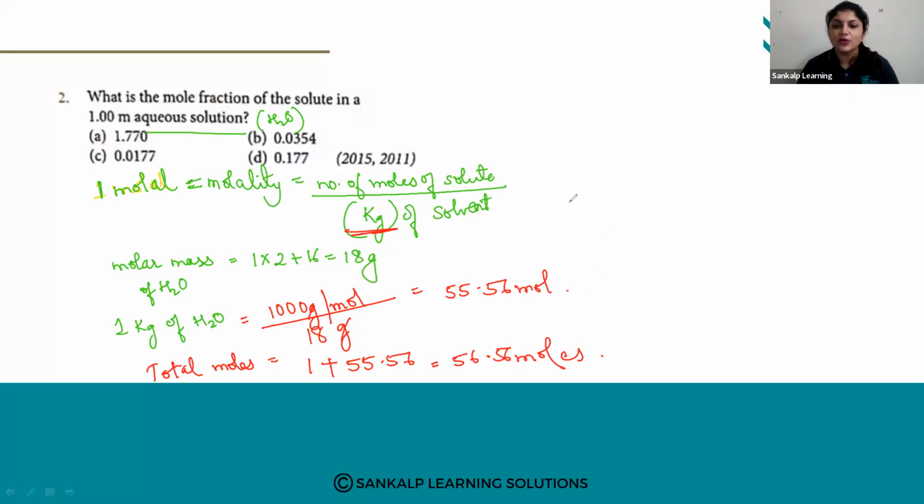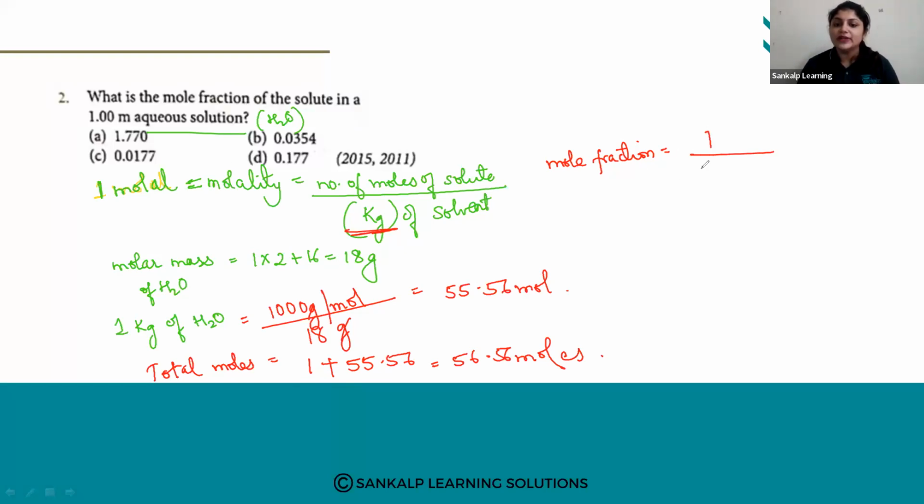Now, mole fraction. How do you calculate the mole fraction? Mole fraction is equal to Na divided by Na plus Nb. Now, the total mole is 56.56, and the moles of solute is 1.